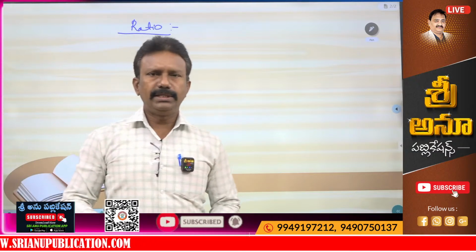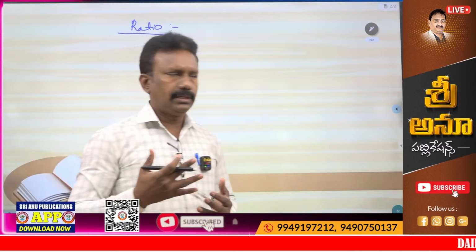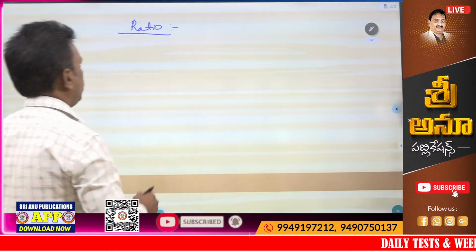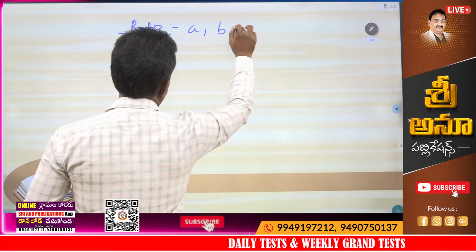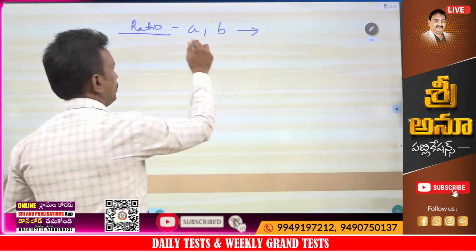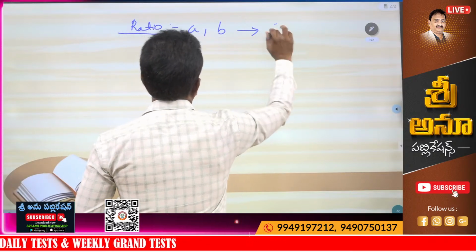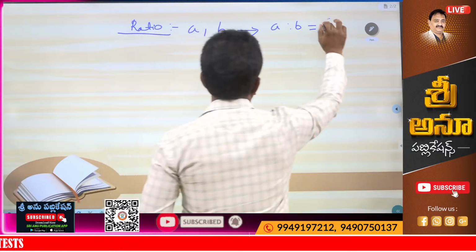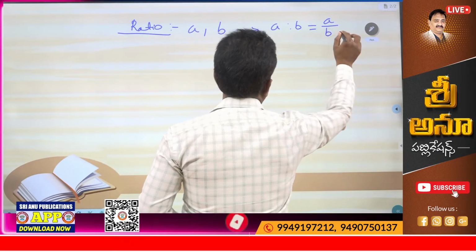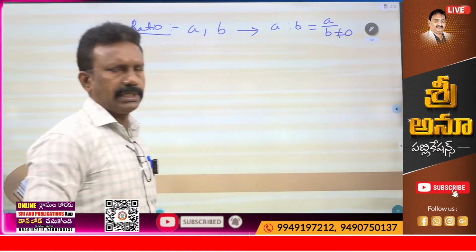For example, A and B are two quantities in the same units. The ratio is defined as A is to B, or A by B. The second term is always a non-zero number.